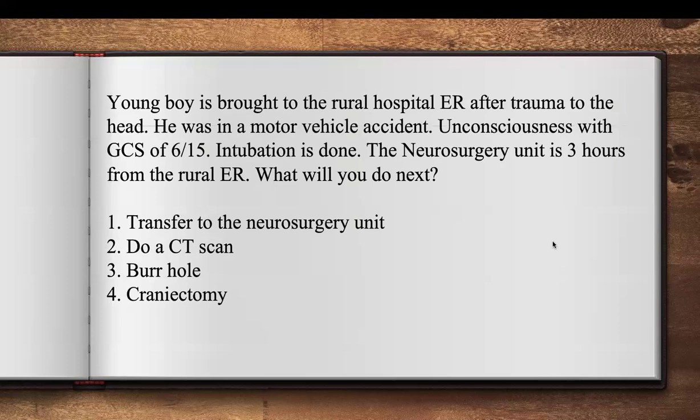Yes, so bar hole is not a treatment. The patient has a lot of fluid, a lot of blood inside the brain or in the skull. So with bar hole, you are just reducing that pressure. You're not actually treating anything yet. The treatment will be done in the tertiary hospital with the neurosurgeon. Along with the CT, you will also give mannitol.